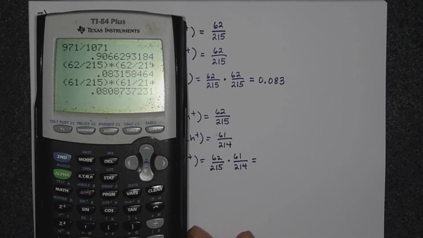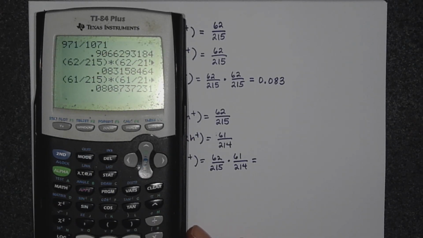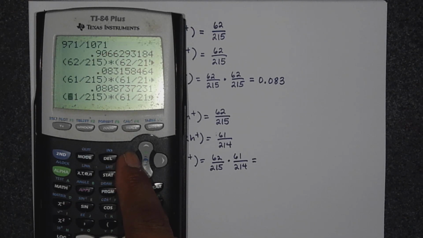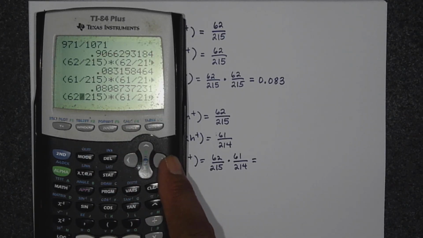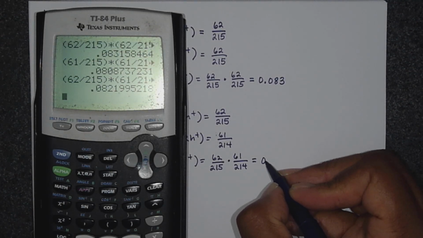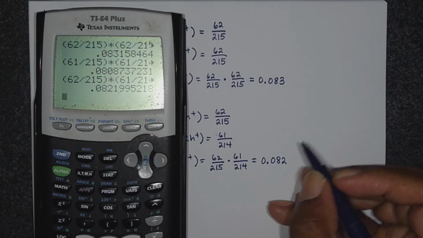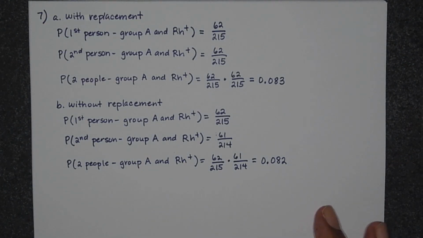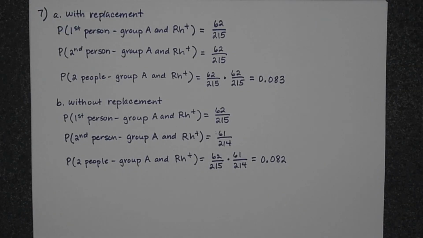To 3 decimal places, that would be what? Wait a minute, that should be 62 over 215. I made a mistake. 62 over 215. The other one's 61 over 214. Now to 3 decimal places, what would that be? 0.082. All right. Any questions about problem number 7?